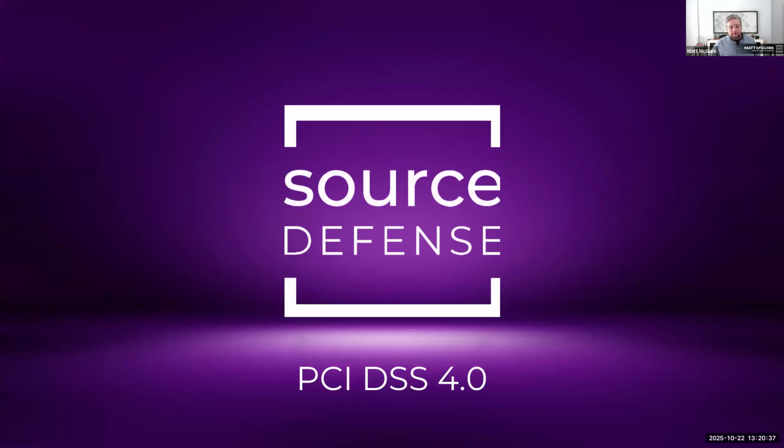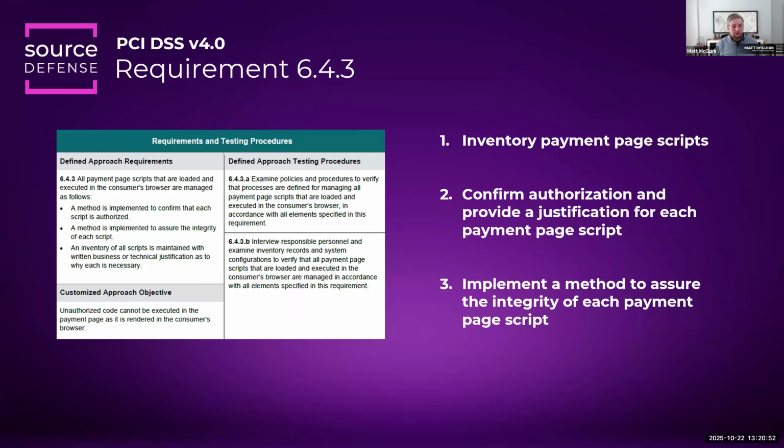The DSS, the Data Security Standard, was, as I'm sure most people are aware according to the poll, amended about three years ago. And these two requirements, 6.4.3 and 11.6.1, were best practice until April, when they became truly required.